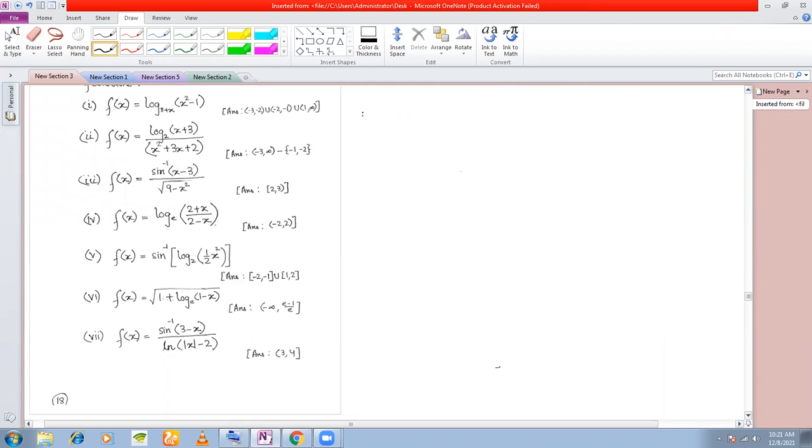Number 4. Given f(x) is equal to log of (2 plus x) by (2 minus x) to the base e. Okay. So now what is the restriction here?